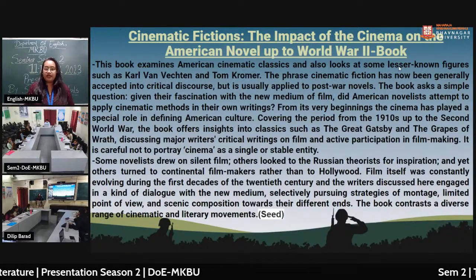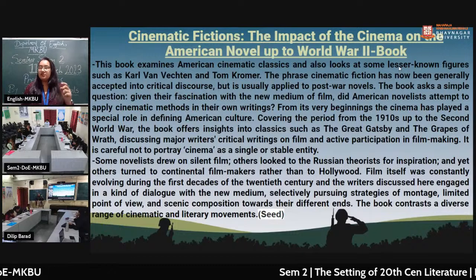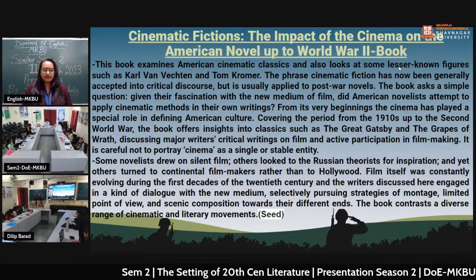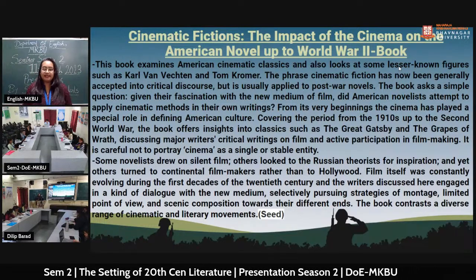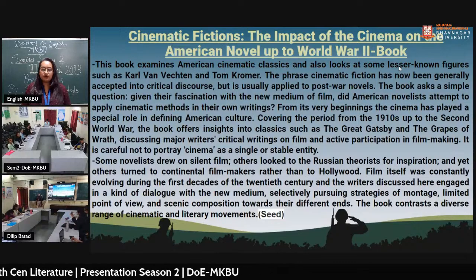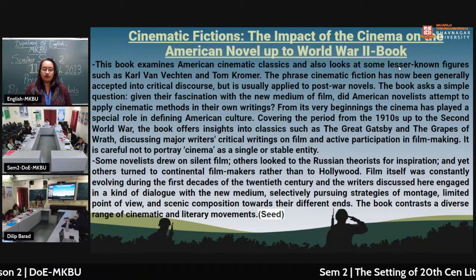Cinematic Fiction: the impact of the cinema on the American novel up to World War II. So this is a book. This book examines American cinematic classics and also looks at some lesser-known figures such as Carl Van Vechten and Tom Cromer.